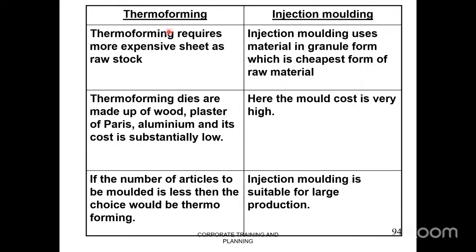Here, you first have to form the sheet from the granules, and then you use the sheet for thermoforming. Here, granules. Thermoforming dies are made of wood, plaster of Paris, aluminum, and the cost is low, as we have seen. But here, the mold cost is very high because it is all CNC machining, you have to do many things here.